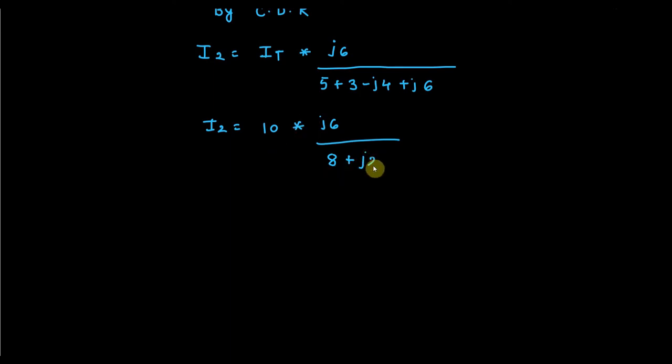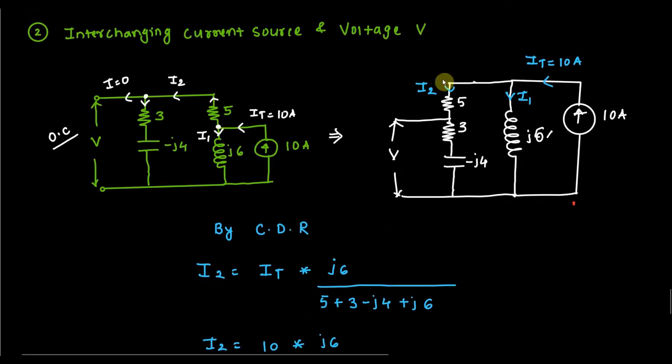So I2 is J6 into 10, that is J60, divided by 8 plus J2. When you solve this in a calculator, you will get the answer. I have solved this: 1.76 plus J7.058 ampere. So this is the value of current I2 in this branch.